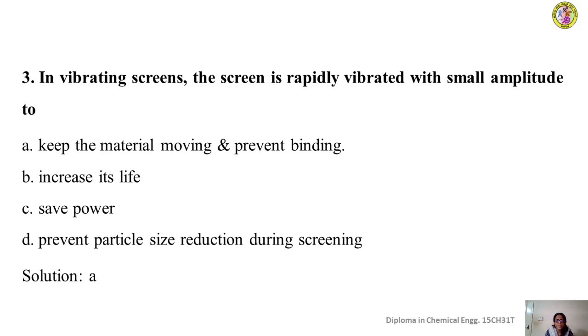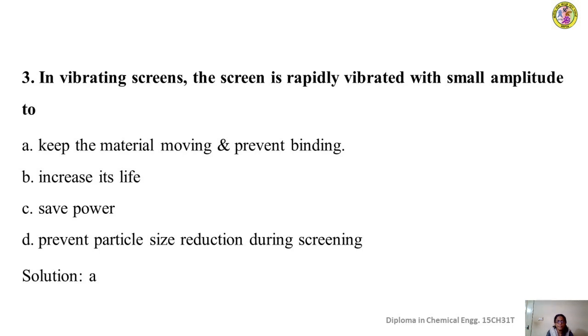In a vibrating screen, the screen is rapidly vibrated with a small amplitude. For which of these purposes? Is it to keep the material moving and prevent binding? Or is it to increase the life of the screen? Or is it to save power? Or is it to prevent particle size reduction during screening?